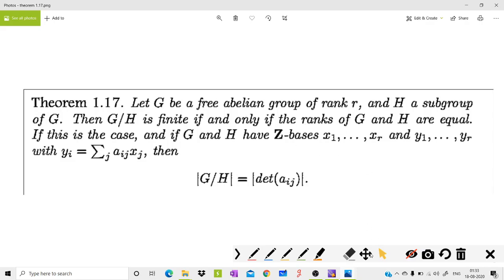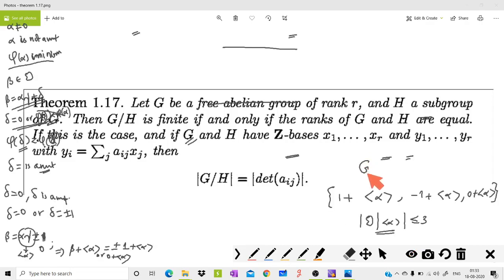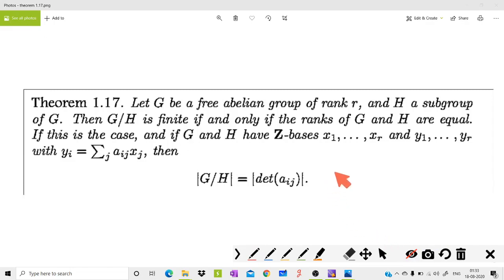In our situation, instead of G we have O, and instead of H we have the ideal generated by alpha. So we already proved that the cardinality of O by the ideal generated by alpha is less than or equal to 3.